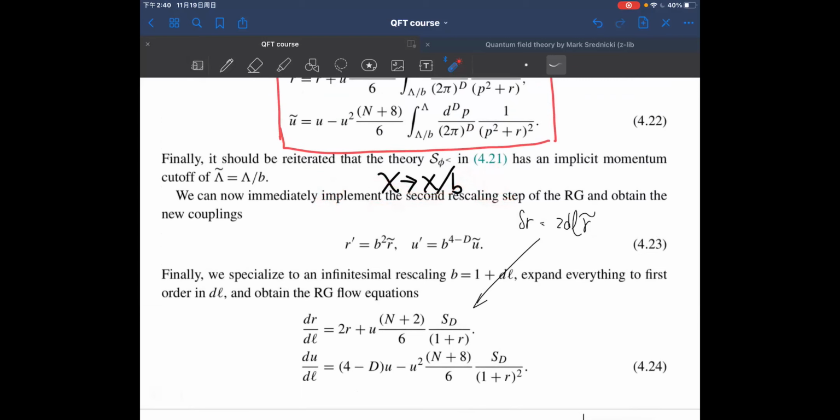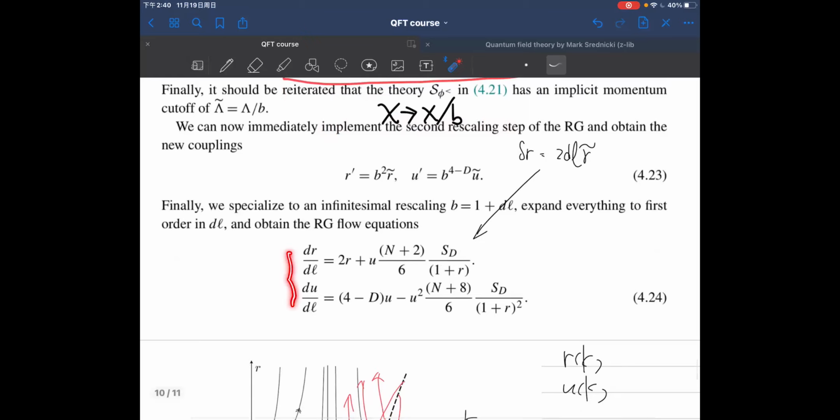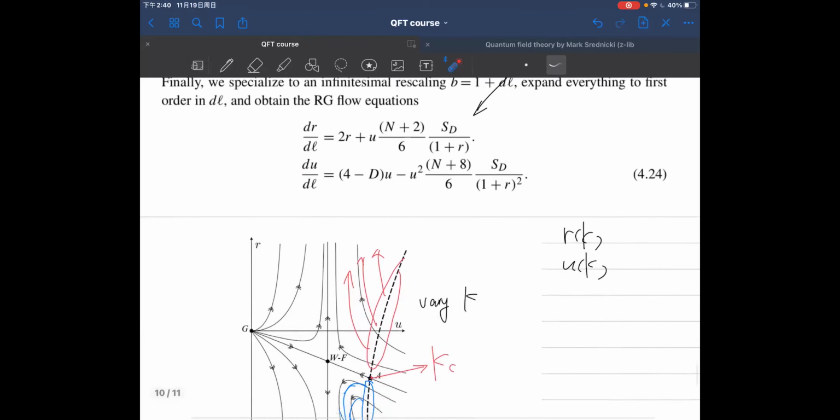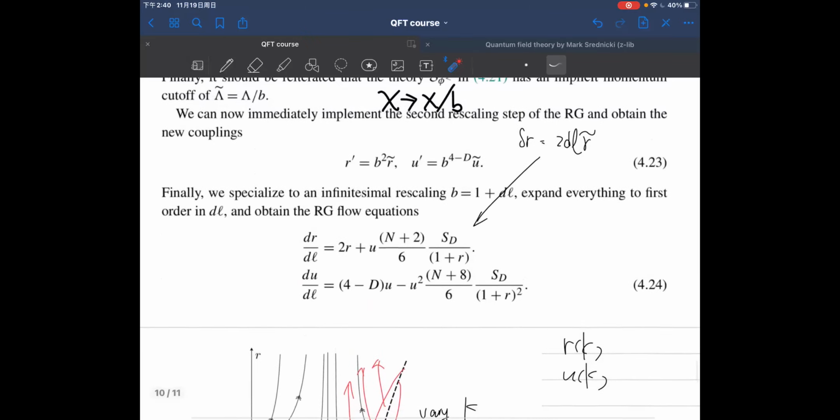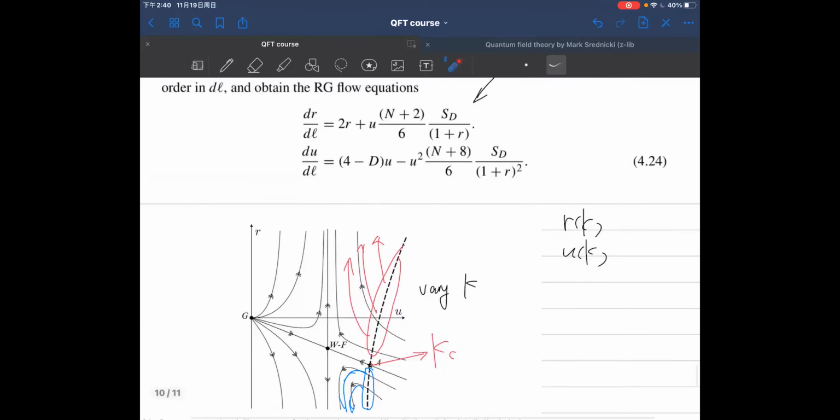Then you can do this again and again. So it will become an RG flow equation. The RG flow equation will carry the information from the high energy physics to the low energy physics.